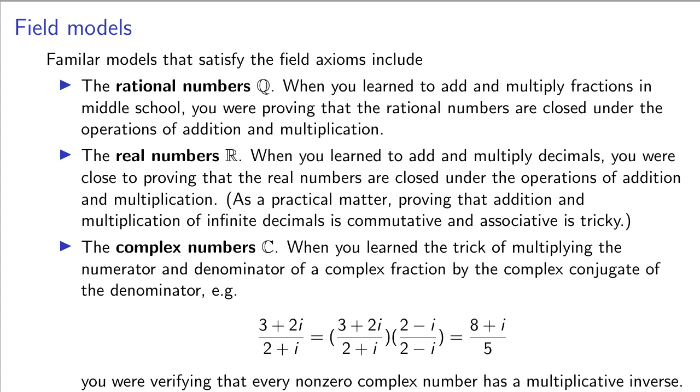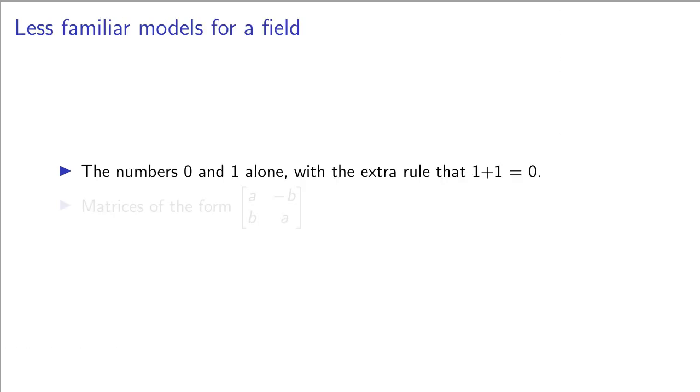And when you multiply things out in the denominator, you get just a plain old real number, no imaginary part. And so this shows that if you divide anything by 2 plus i, the result is another complex number. That means that the axiom that every complex number except 0 has a multiplicative inverse is also satisfied.